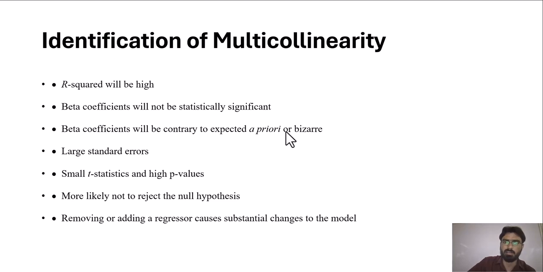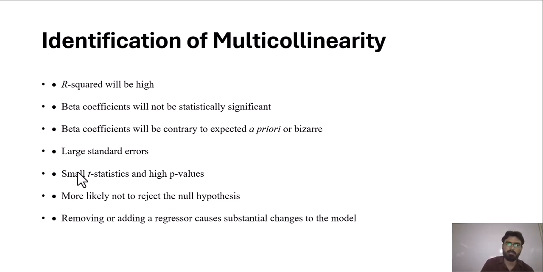So these results are contrary to our hypothesis. If theory says there is a positive relationship but your results say there is a negative relationship, it may also identify an issue of multicollinearity, because a high relationship between independent variables may alter their coefficient signs.